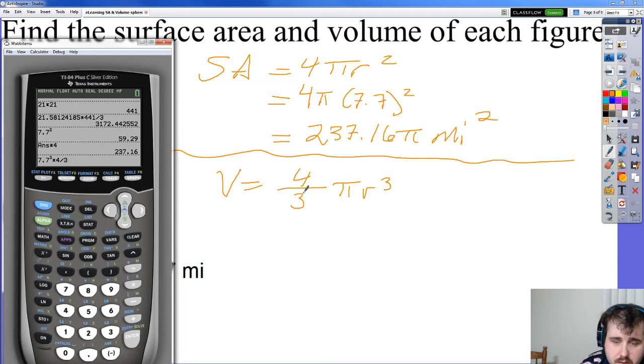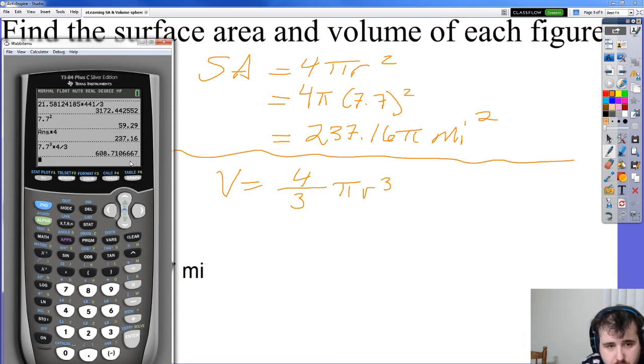Again, I'm not trying to mess with a fraction here. I'm just going to do this. Now, here's the one thing I'm going to tell you. If this doesn't come out exactly right and nice, leave it as a fraction. Get rid of the over 3. In fact, just do it like so. This doesn't come out nice. 608.7106 repeating.